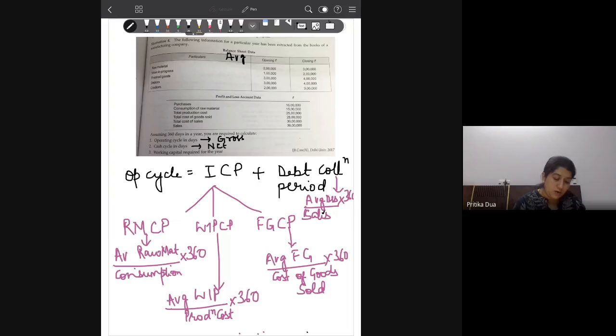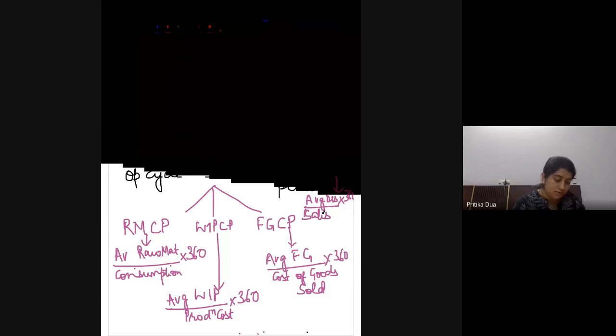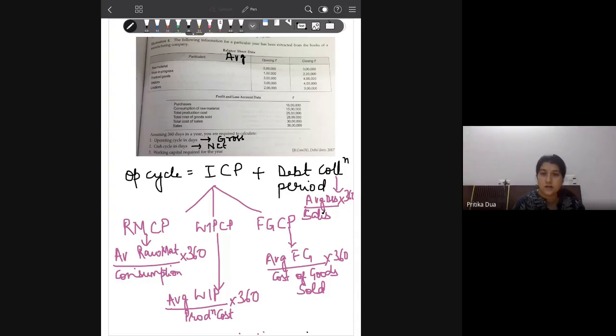So all the values are there. Quickly calculate the operating cycle.